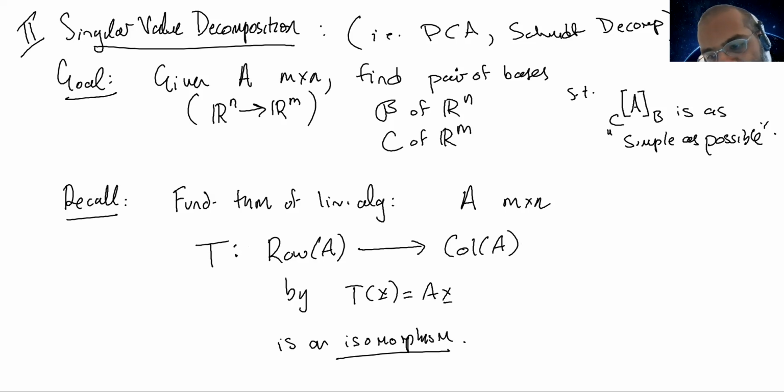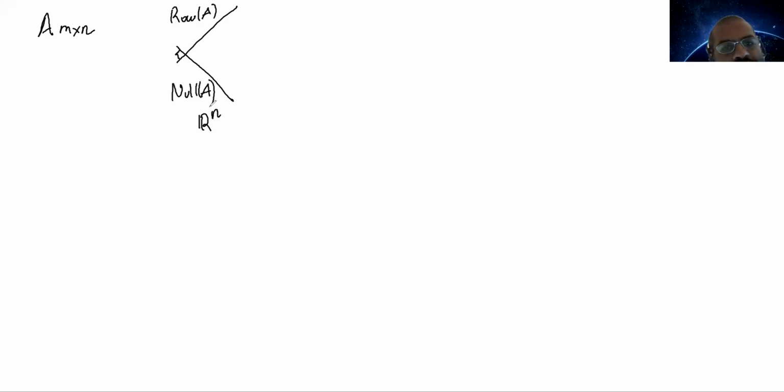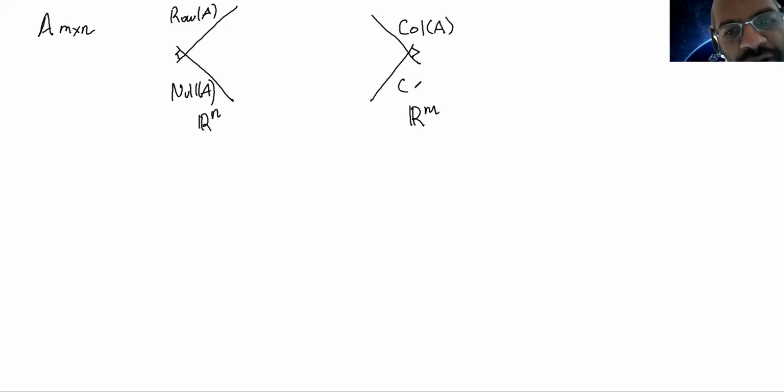Let me draw the picture of this just to remind you in case you forgot. If you have an m by n matrix, then you can decompose Rn into the row space of A and its orthogonal complement, the null space of A. And then you can decompose Rm into the column space of A and its orthogonal complement, which is actually just the null space of A transpose.